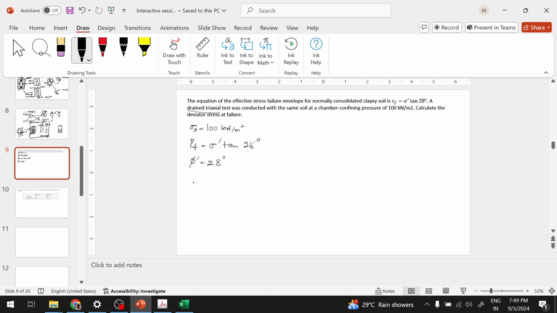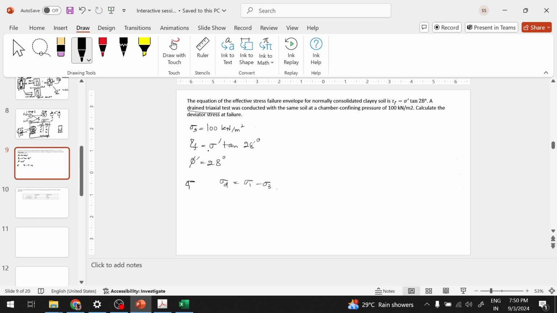What we need to calculate is first sigma 1, and from sigma 1 we need to calculate sigma d, which is actually sigma 1 minus sigma 3.